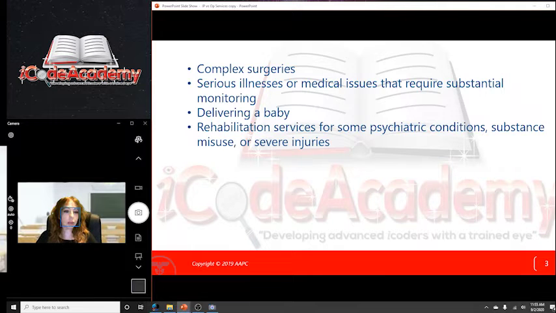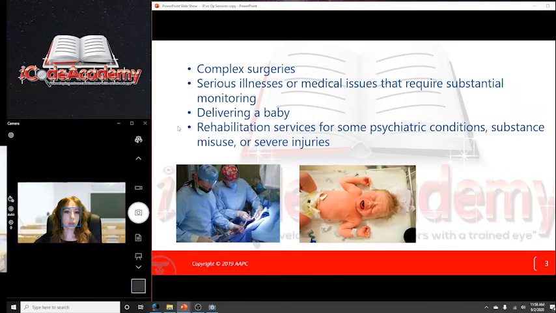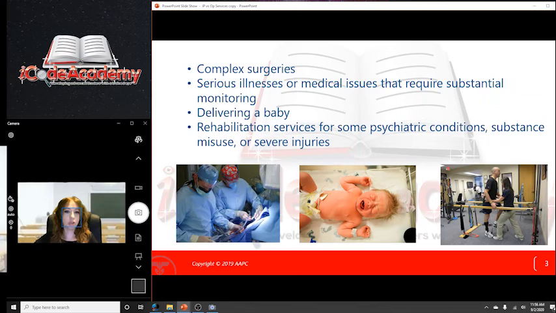You can also be admitted to an inpatient facility for procedures, delivering a baby, different psychiatric conditions, maybe substance abuse or severe injuries that need ongoing rehabilitation. So those are just some of the services that you may see or may be coding for when it comes to an inpatient setting.